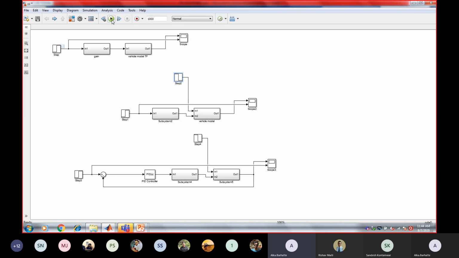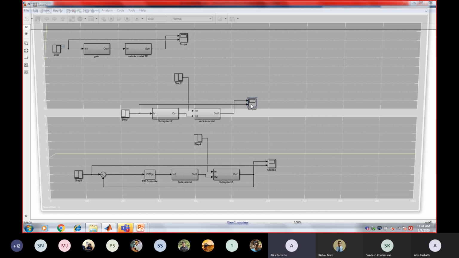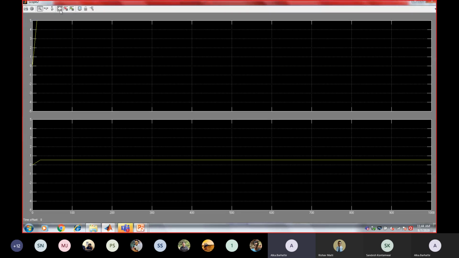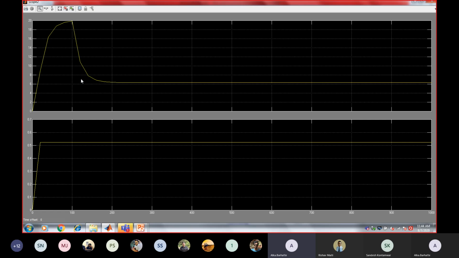That is represented by this particular model. I have simulated this one, and you can now see the change. The disturbance has been set after 100 seconds. After 100 seconds, instead of 20 meter per second, suddenly the speed has been reduced because the vehicle is driving on the slope. It couldn't maintain the required set point that we assumed initially, 20 meter per second.